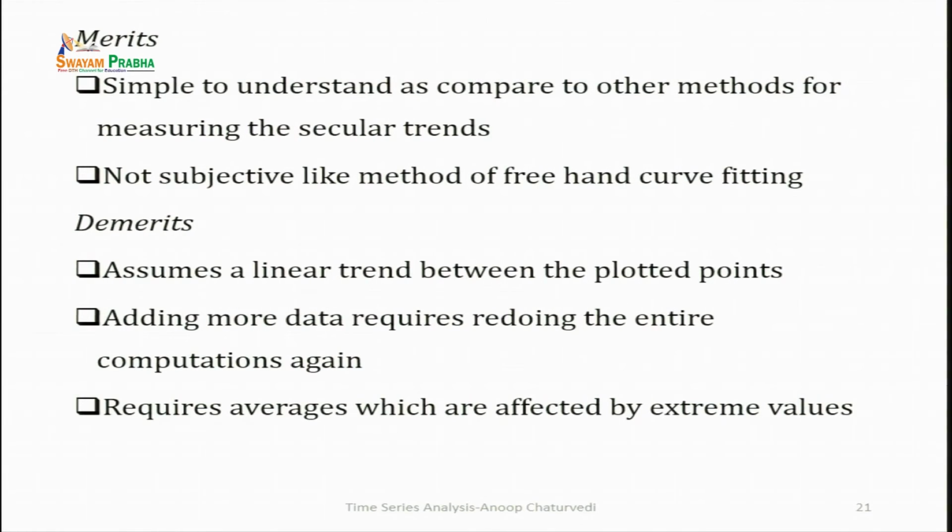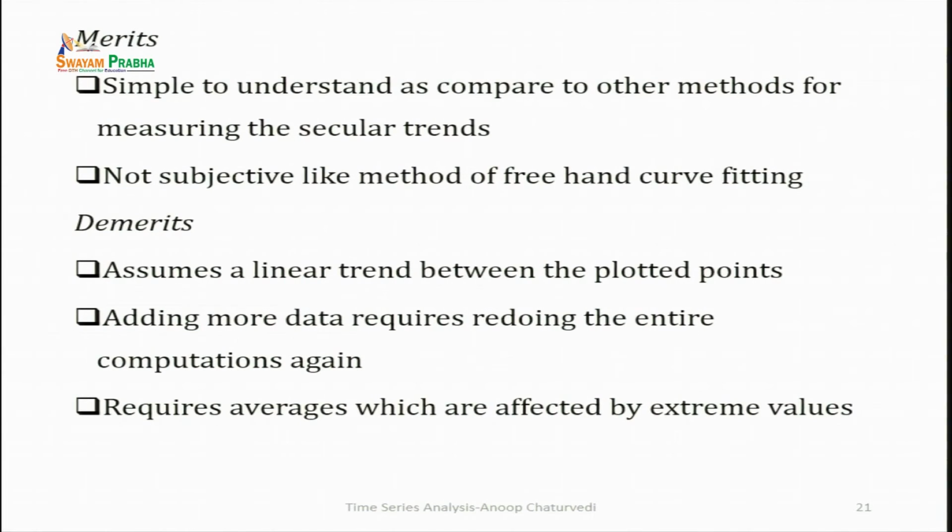There are several demerits also of this method. In this method, we assume a linear trend between the plotted points. So, you can use this method only when the points have linear trend, and whenever you add more observations, it requires redoing the entire computations again.